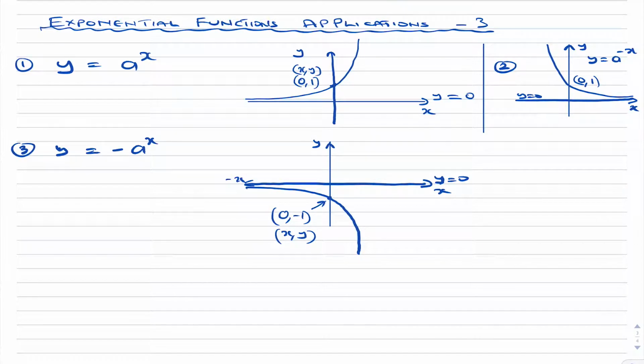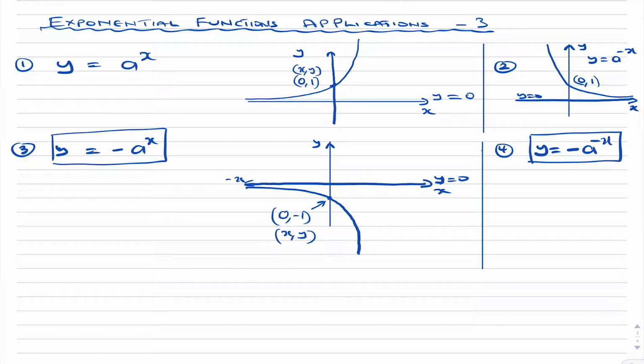And for this one here, if I draw a line to separate it, I have number 4, which is y equals minus a to the power minus x. We need to know how to sketch this one, and we need to recognize that and this one. So those are the graphs.